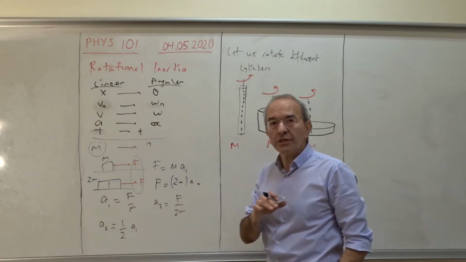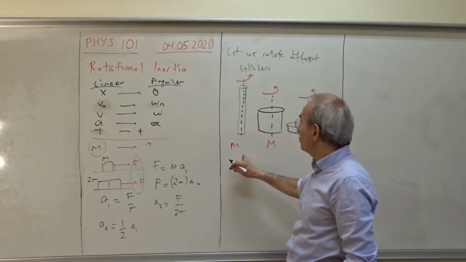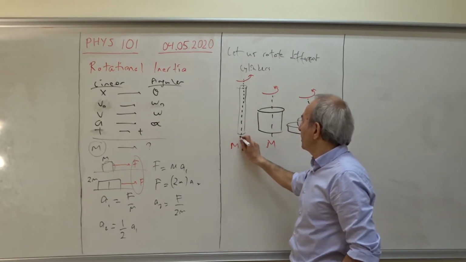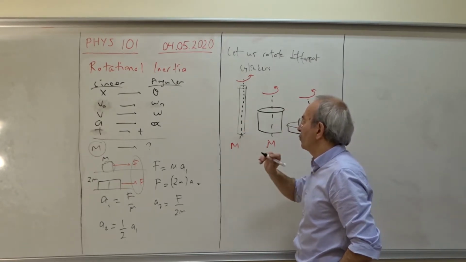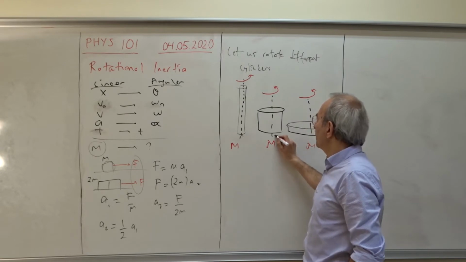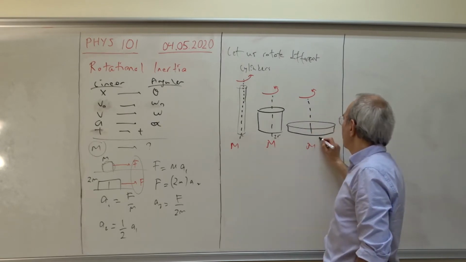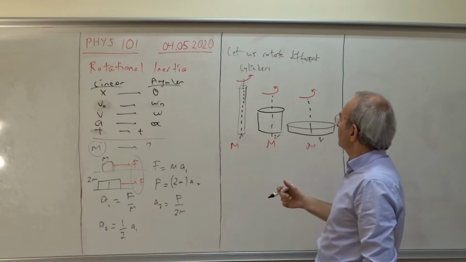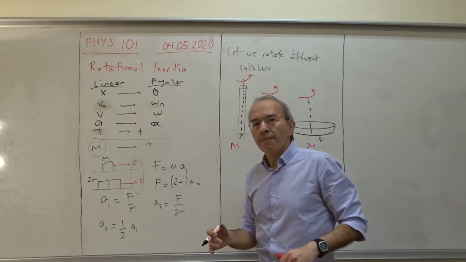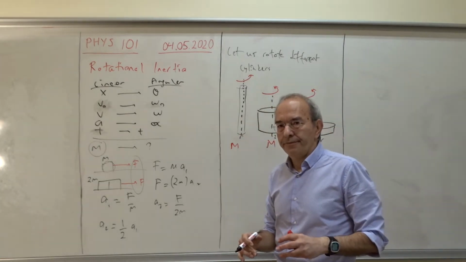The level of difficulty is different. So one of them, let's say, has a radius r, for instance. This one, let's say, has a radius 2r. This one has 3r. Of course, this is a bit greater, but assume that they have different radii.